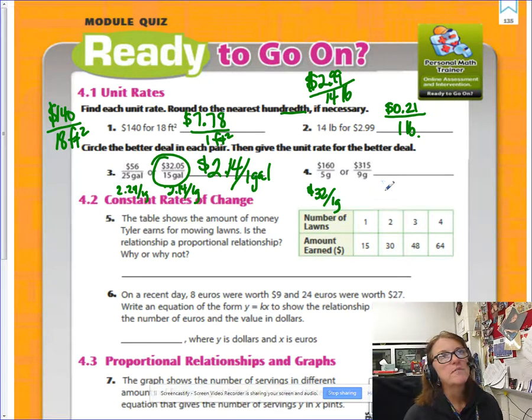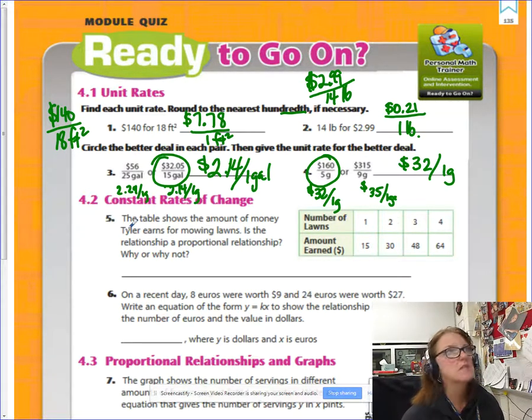Then come over and take $315 for 9 grams and plug that in. Let's see, I think you get 35 for 1 gram. So this time, this is the cheaper one because it had a unit price of $32 per gram. Okay, that's what we did in lesson 1.